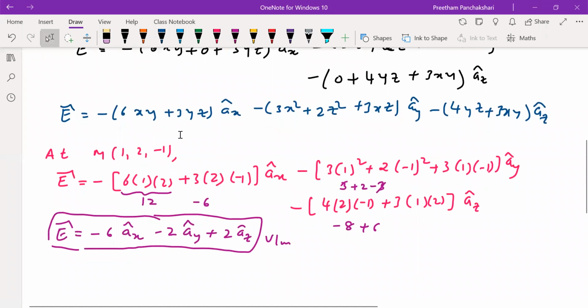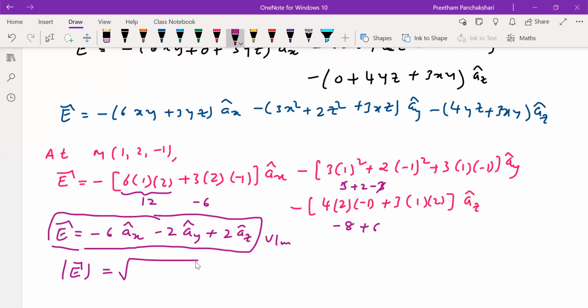If you would like to find the magnitude of this electric field at the specified point M, we can go for one more step: 6 square, 2 square and 2 square. 36 plus 4 and plus 4.